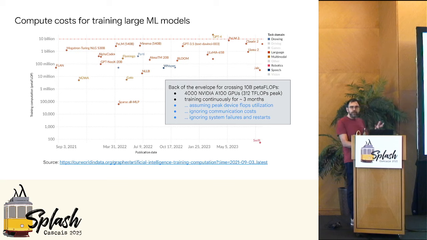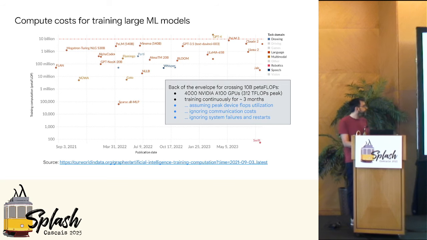Just to put this in perspective, if you had 4,000 NVIDIA A100 GPUs, which is not the top of the line but a pretty beefy accelerator, you need to keep them training continuously for about 3 months. And that is assuming they reach the nominal peak performance, which is very difficult to do, ignoring any communication and synchronization cost, and also ignoring system failures and restarts, which are actually quite typical in a data center deployment scenario.